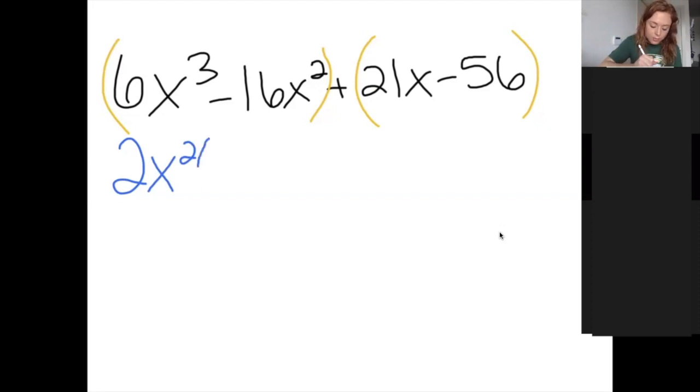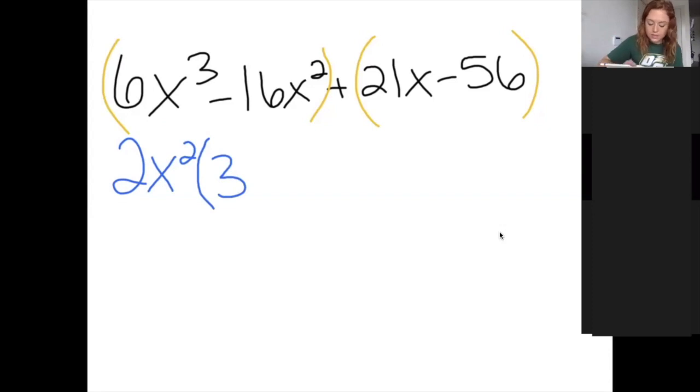Then I'm going to open up parentheses and see what would be left. Well, 2 times what would get me back to 6? 3. And then I took out 2 x's right there, but I need to get to 3.